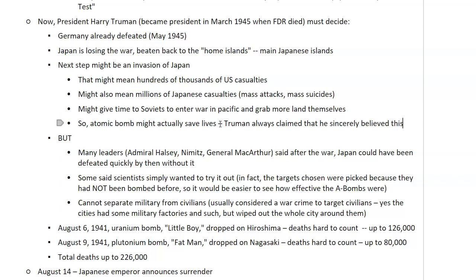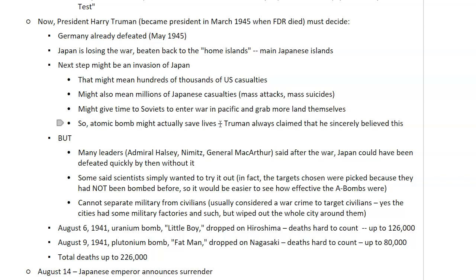The Japanese government tries to figure out what to do, tries to come to grips with what this is. Truman gets on the radio and makes a newsreel movie, giving a short speech in which he announces that the U.S. has just used a new weapon that harnesses the power of the sun itself, which is true.